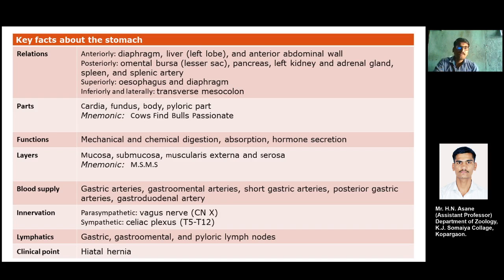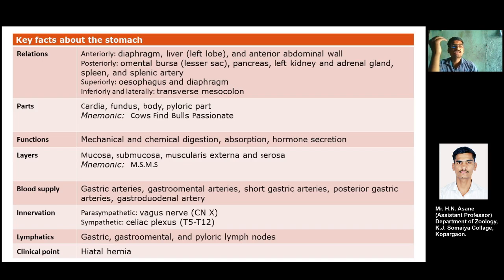The parts of the stomach are the cardia or cardiac region, the fundus region, the body of the stomach, and the pyloric part. The omasum is present in ruminants such as cows or bulls, which have an extra sac known as the omasum.